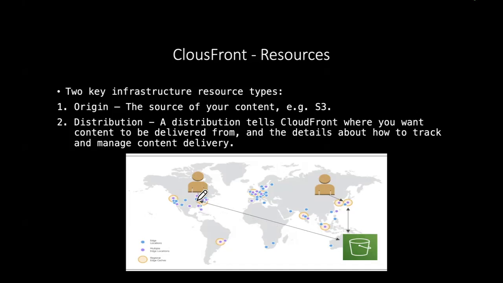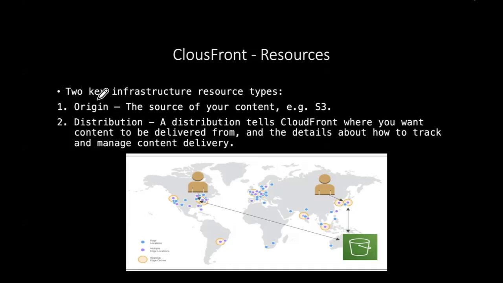Now, from CloudFront's perspective, there are two AWS resources that it uses, or the terminology that CloudFront uses talks about origins and distributions. And we'll see now in the CDK code ourselves creating an origin resource and creating a distribution resource.